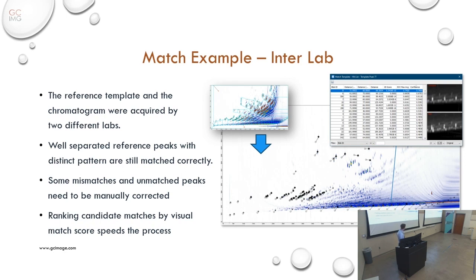With our matching algorithm, we were able to match a good portion of the peaks correctly. There were still some that were left unmatched that needed to be manually corrected. So the match scores that we computed helped with that manual matching process by giving easier access to good potential candidates.